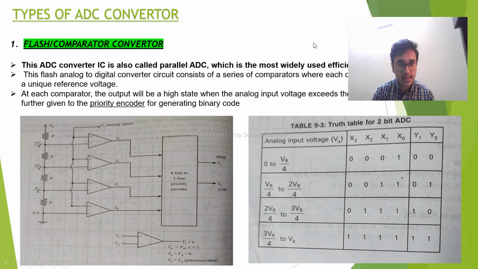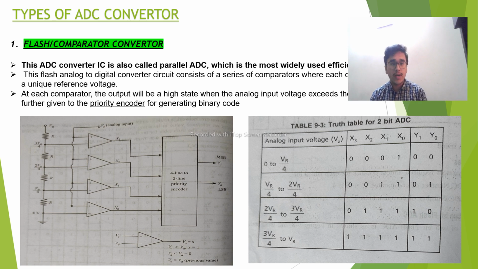Here we know the working of the comparator: we have the non-inverting terminal, indicated by the plus, and the inverting terminal, indicated by the minus. The main function of the comparator we know. Here we are comparing the input voltage at the non-inverting terminal with the inverting terminal.